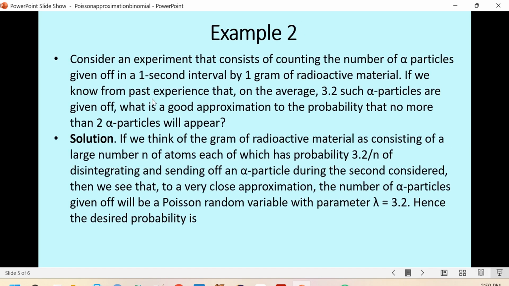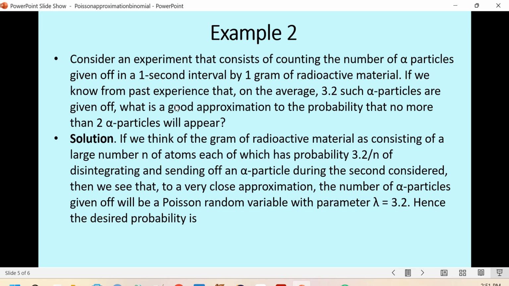And the second example: consider an experiment counting the number of alpha particles given off in a 1 second interval by 1 gram of radioactive material. If we know from past experience that on average 3.2 such alpha particles are given off, what is a good approximation to the probability that no more than 2 alpha particles will appear?